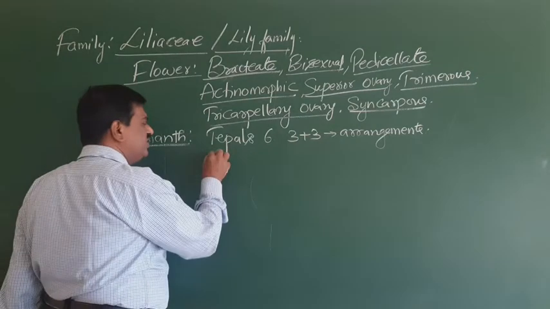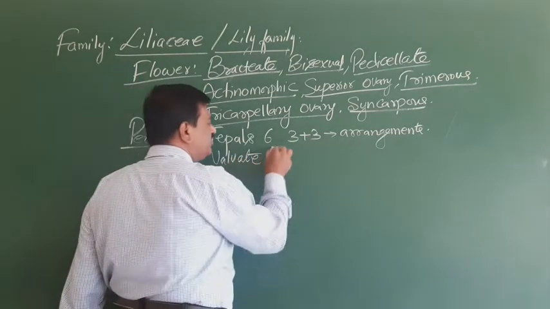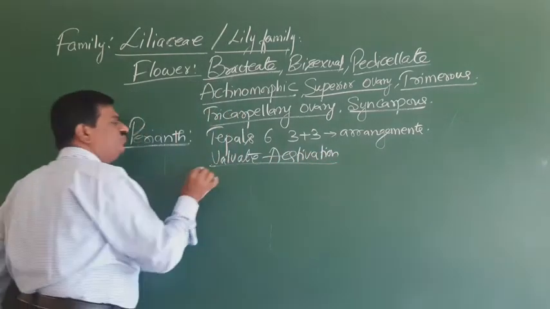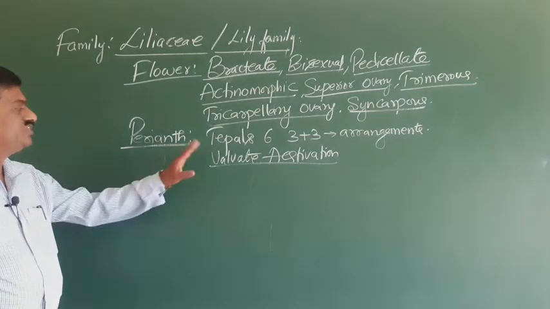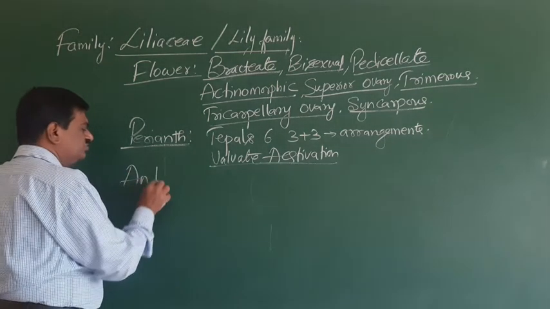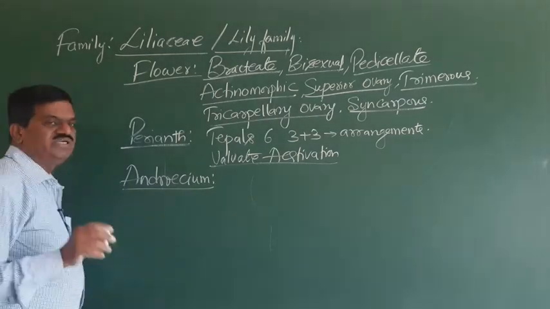The next one is valvate estivation. So the arrangement of perianth will be end-to-end arrangement, hence it is called as valvate estivation. Next we go for androecium. So androecium is nothing but stamens.